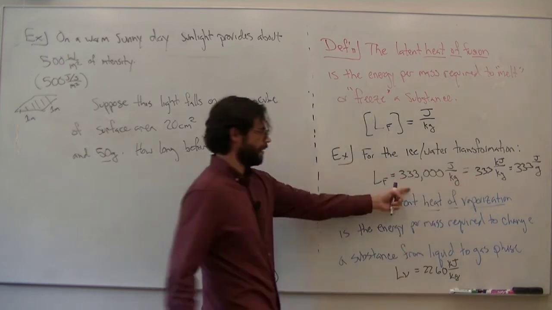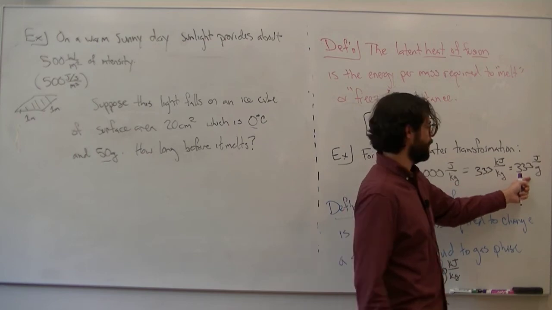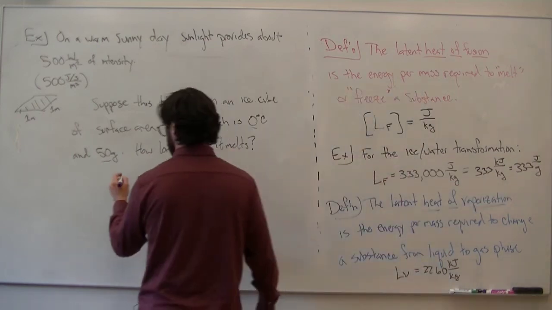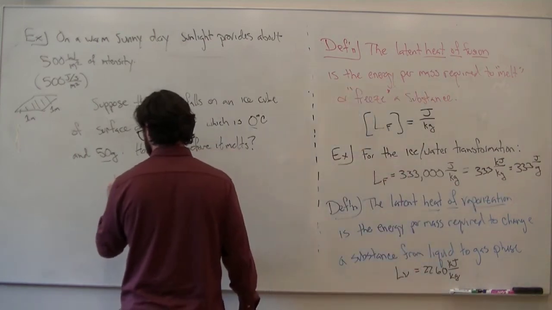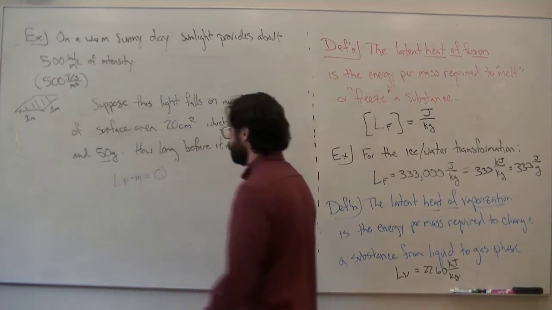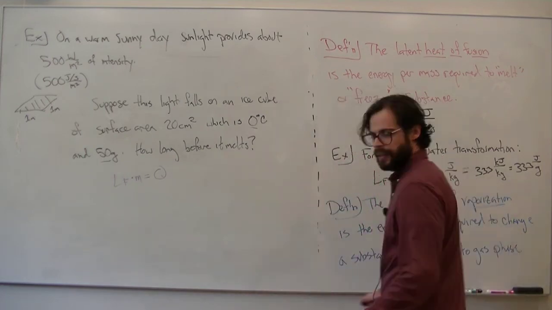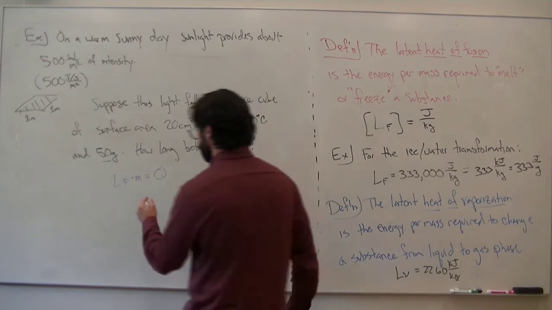Okay, so latent heat of fusion, I'll use joules per gram. I've got grams. So I have L_F times M. This is the heat energy required to melt the thing. And as long as I match units, I should be okay.